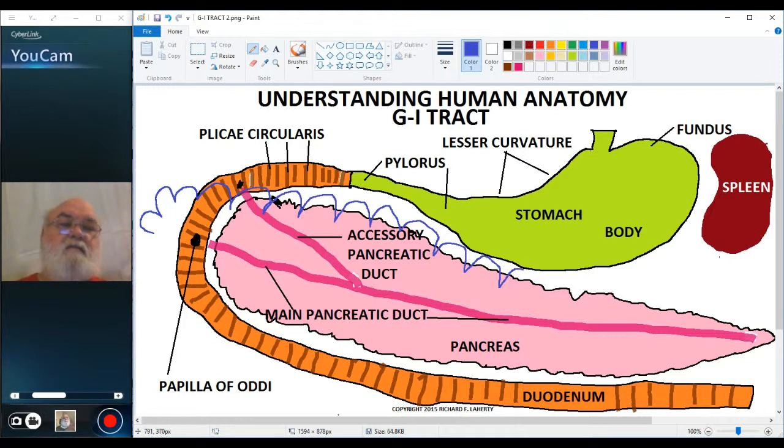And since the transverse colon is not immune to gravity, it does sag in the middle.